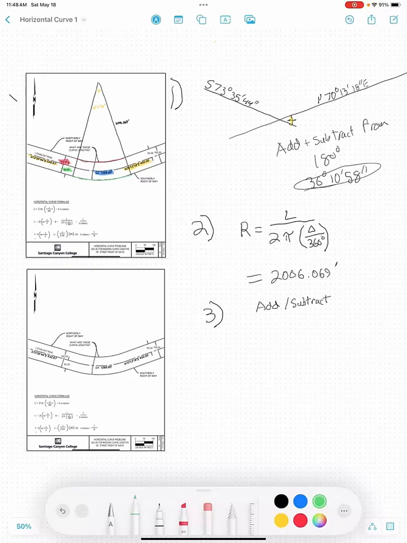So we know we have those plus and minus 50. Try to keep this color coding going. And then you should just be able to solve now for that length.